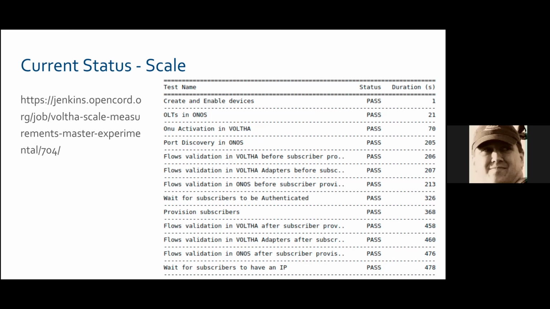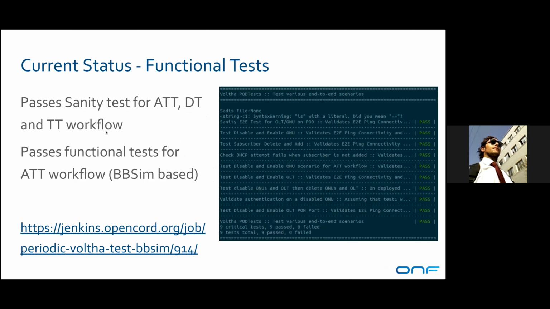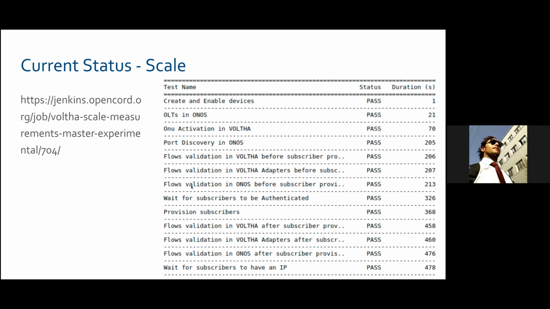So most of the dead time in processing that I'm seeing in both applications is, for example, between the ONU activation in VOLTHA and the flow validation and the flows being pushed.